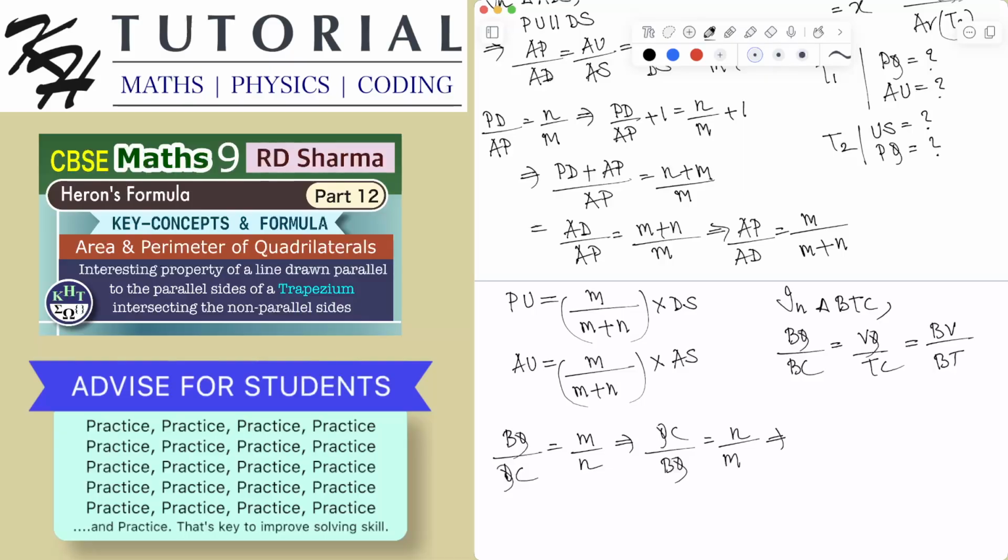If I add 1 to both sides, QC by BQ plus 1 is equal to N by M plus 1.